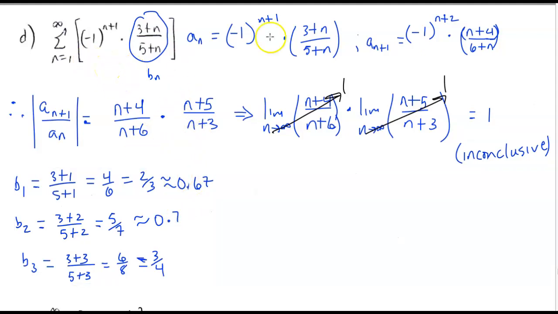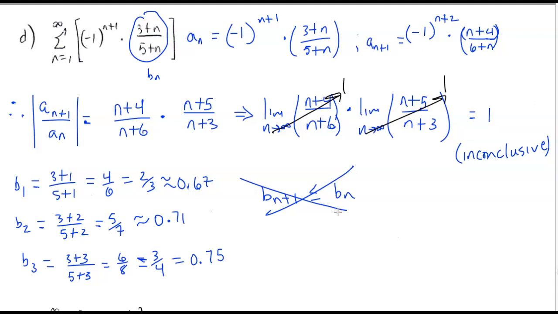So what we see here is that as n increases, our values of b sub n also increase. So the condition that b sub n plus 1 is less than or equal to b sub n is not being met here. So this particular series is not going to meet the conditions of the alternating series test.